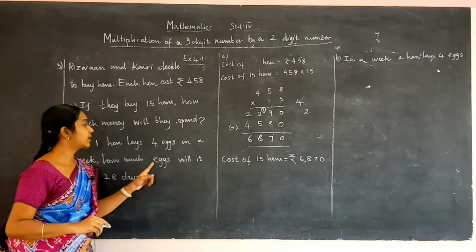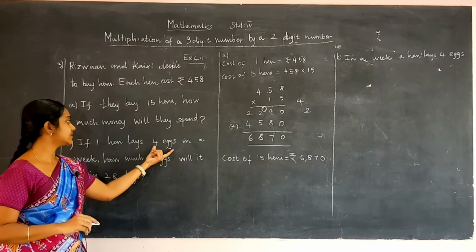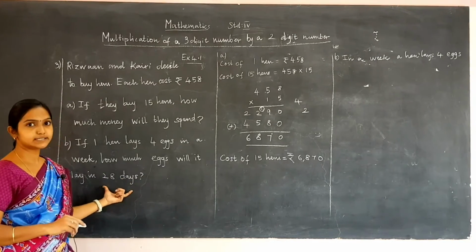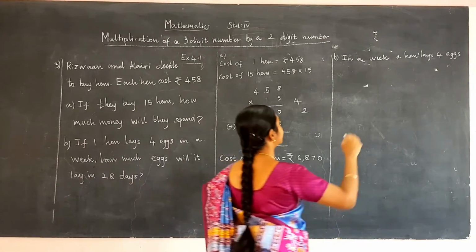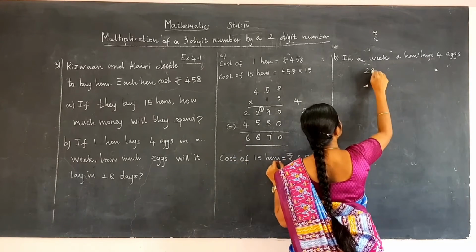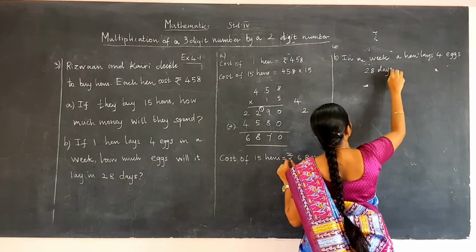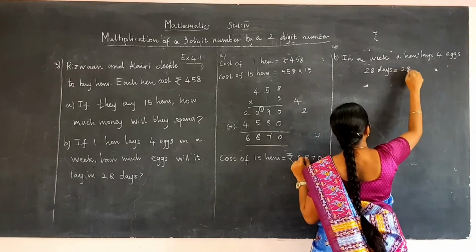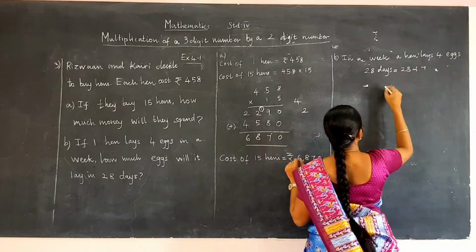We have the eggs in terms of weeks only. So we are going to convert 28 days into weeks. To convert days into weeks, we have to divide 28 by 7.